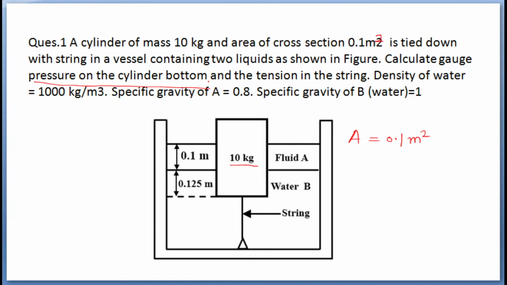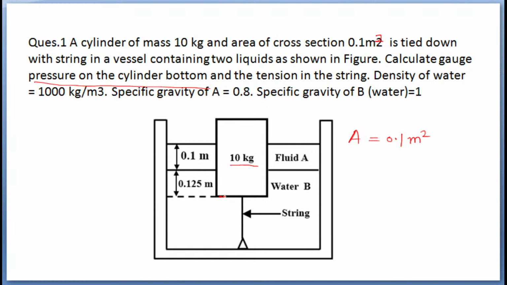First of all, you should learn how to handle the question. Listen carefully. In any question, whether it comes from fluid mechanics, strength of material, thermodynamics, or any other subject, you have to focus on what is being calculated, what we have been asked to calculate. In this question, we have to calculate the pressure on the cylinder bottom.